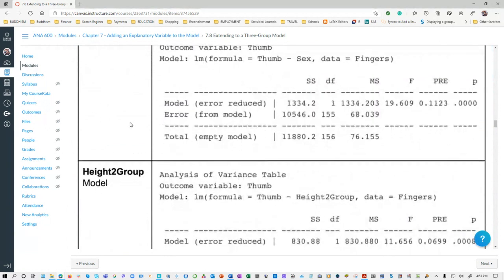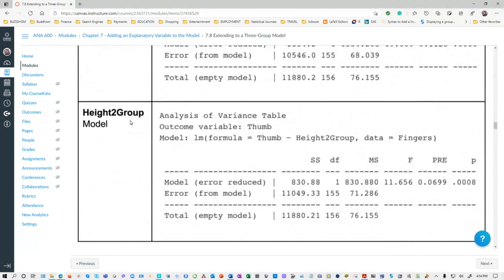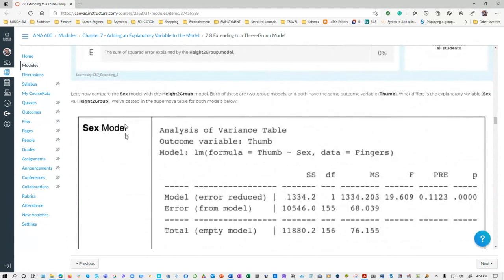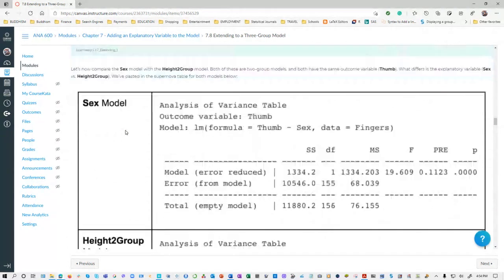Look at what happened. You can see a very interesting thing. This is the height two group model. Height has been considered as a categorical variable. Gender has also been treated as a categorical variable.